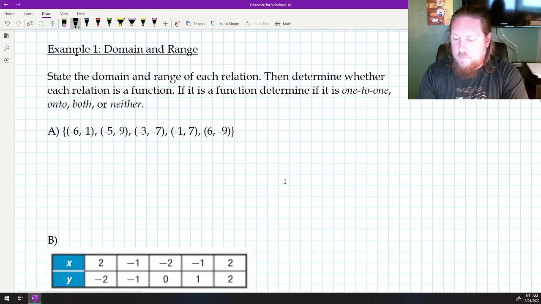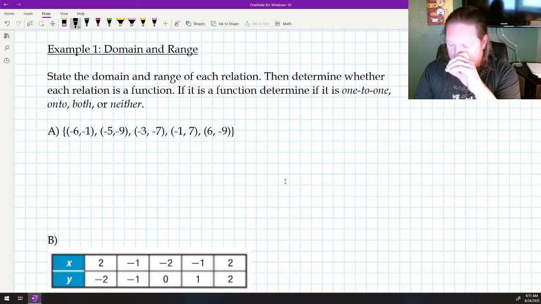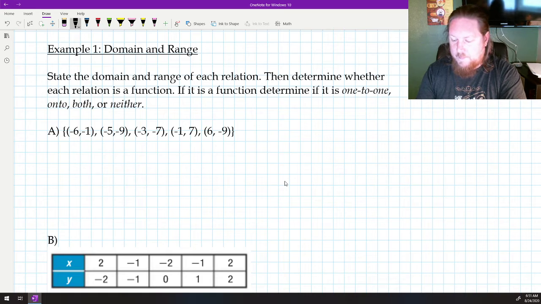So, domain and range. State the domain and range of each function, then determine whether the relation is a function. If it is a function, determine if it is 1-to-1, onto, both, or neither. So I'm going to set this up like a map because that's how my examples went.